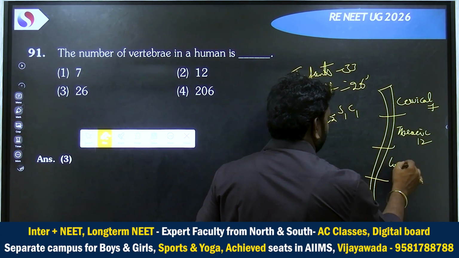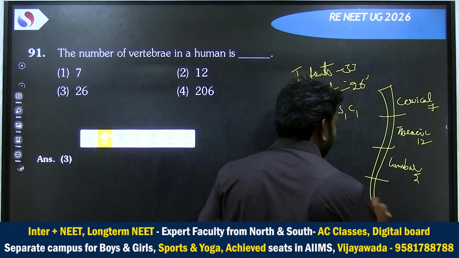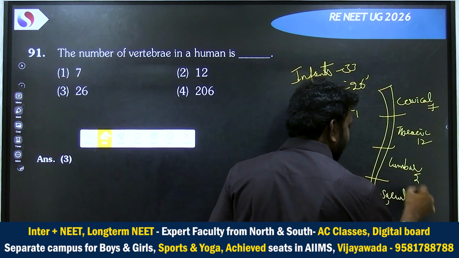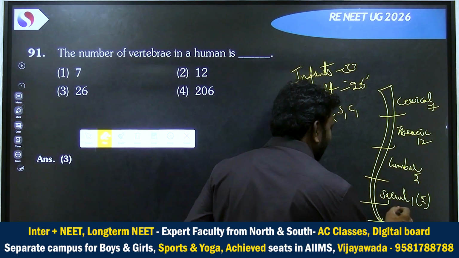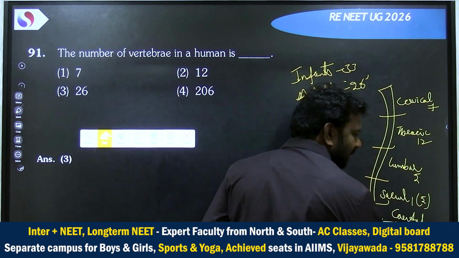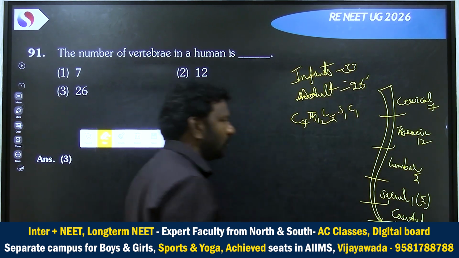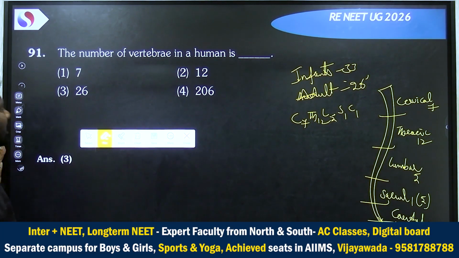Lumbar vertebrae are 5 in number. Sacral vertebrae are 1, formed by fusion of 5 vertebrae. Finally the caudal vertebrae, also called coccygeal, 1 vertebra formed by fusion of 4 vertebrae. Total number of serial units is 26.